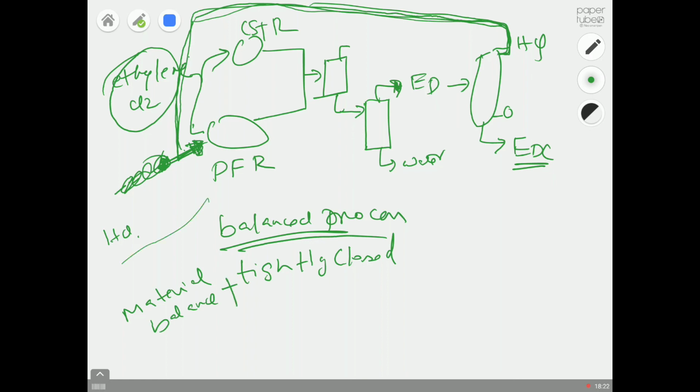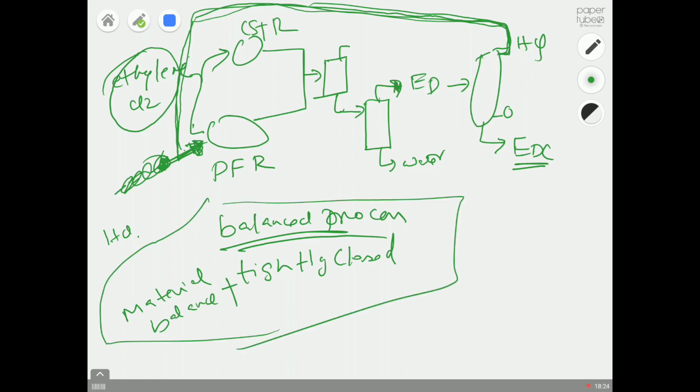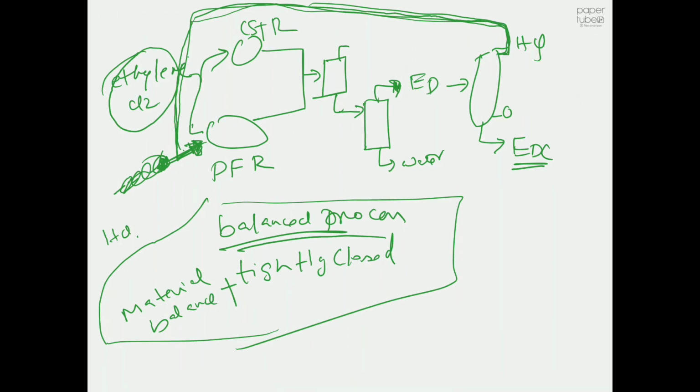And that's why at the moment vinyl chloride manufacturing is a very clean process, because practically there is no waste released to the environment, because we are going to recycle back the hydrochloric acid, which is the byproduct, into the plug flow reactor.